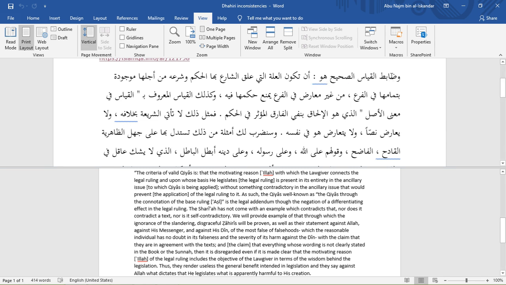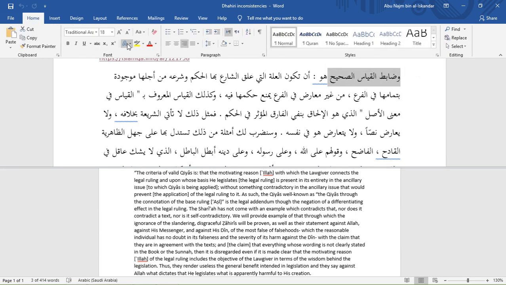So, for example, ضابط القياس الصحيح, right? This is a phrase, and it consists of this sahih modifying this qiyasi.